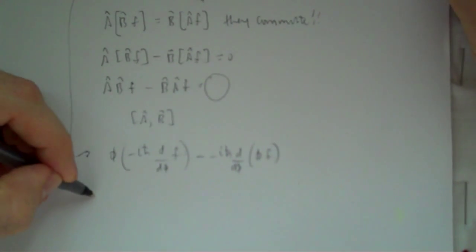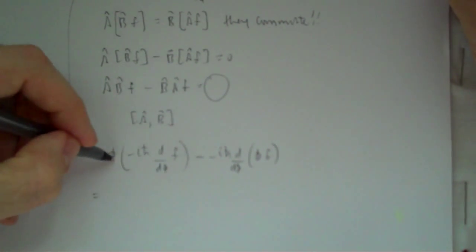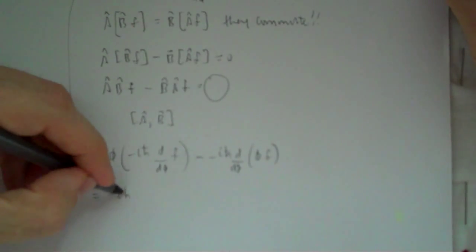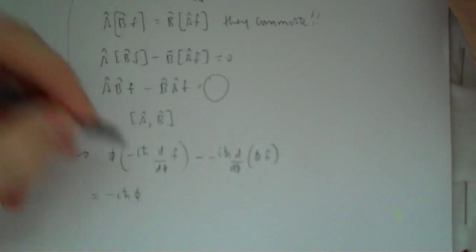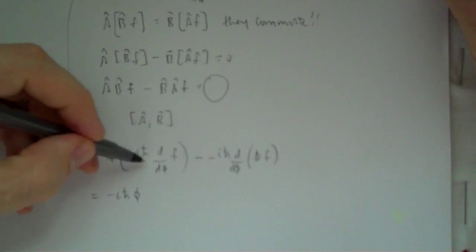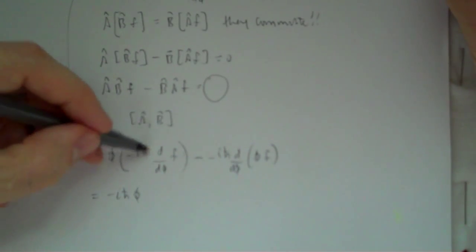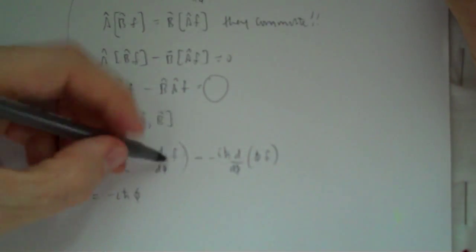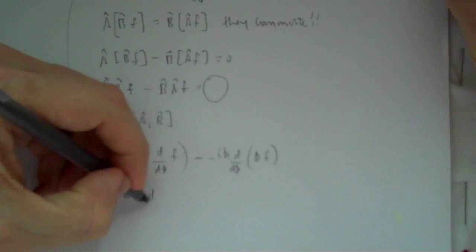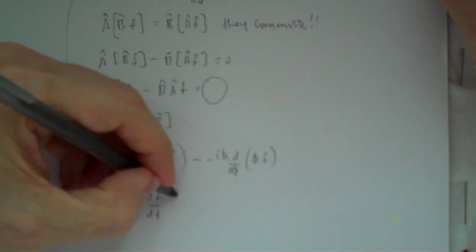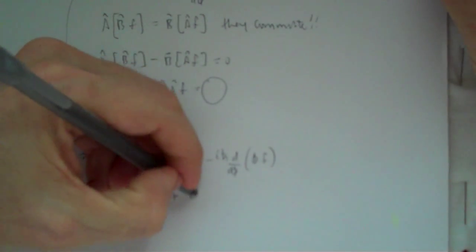All right, so let's do this now. This is equal to minus i h bar phi, because this is just a constant, times df d phi. I'm going to make that a plus now, plus i h bar.